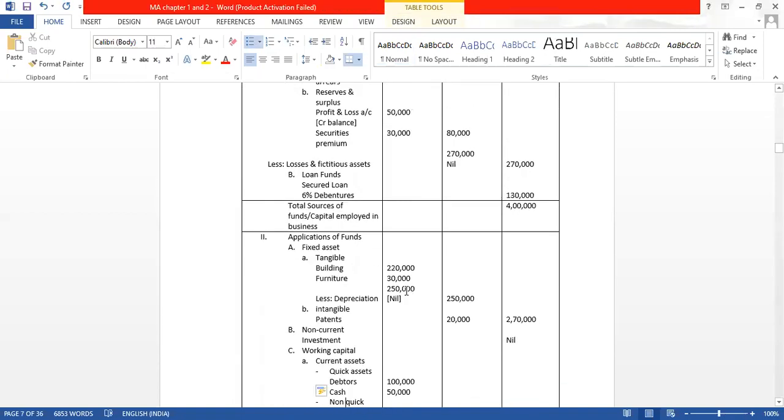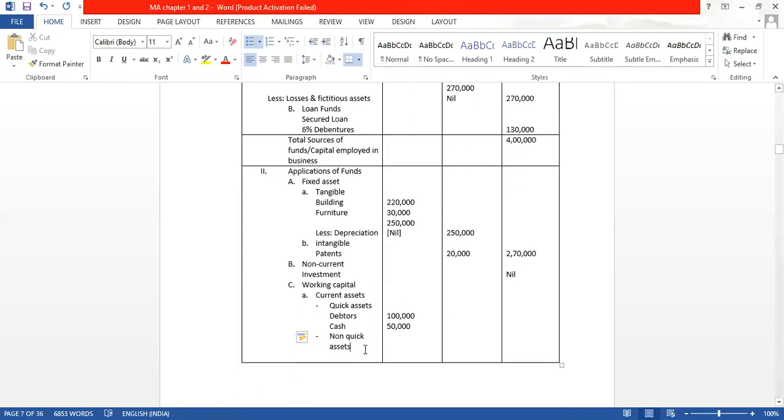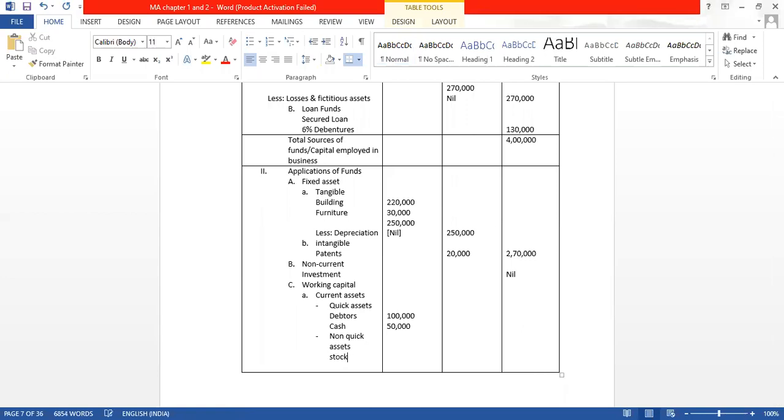So we will write stock 20,000. So when we add it, how much do we get? 1,20,000. One minute. We get 1,20,000. We can call it total current asset, which is A.